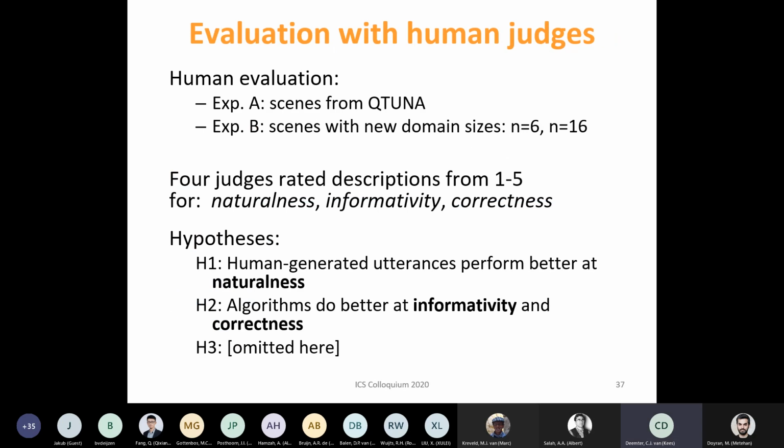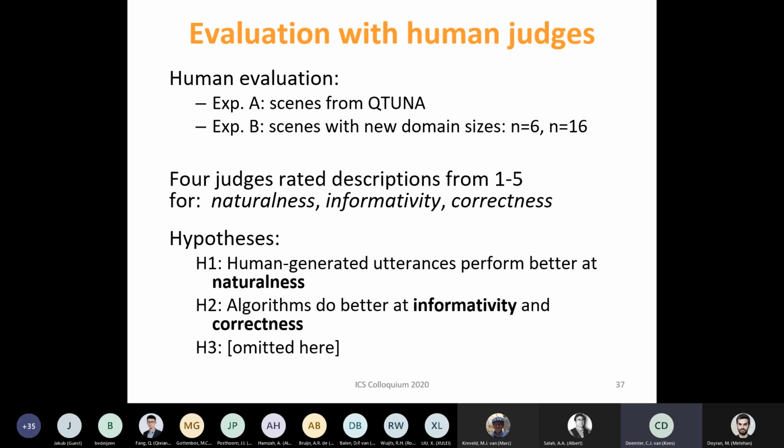And of course, we did a primary evaluation using human judges. So we judged these algorithms. We ran the algorithms not just with the domain sizes in the corpus, but also with 2 new domain sizes. Otherwise, it's a little bit as if you're testing on your training corpus, not quite, but almost.